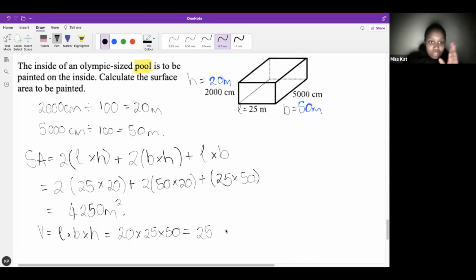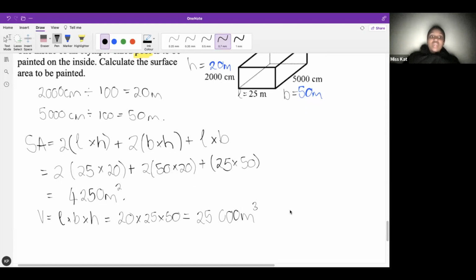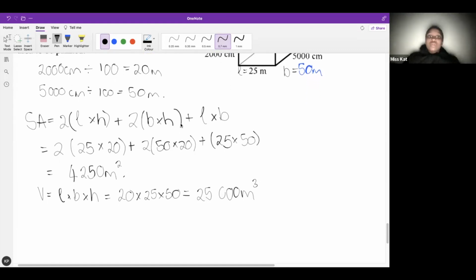Guys, you must leave spaces between three things. 25 000 meters cubed. Now, if I were to change that to capacity, first tell me would I change it to milliliters or kiloliters, and then tell me what it would be. Okay, kiloliters, and what would it be in kiloliters? So then the capacity is, thank you, 25,000 kiloliters. That's a lot of water just to swim.